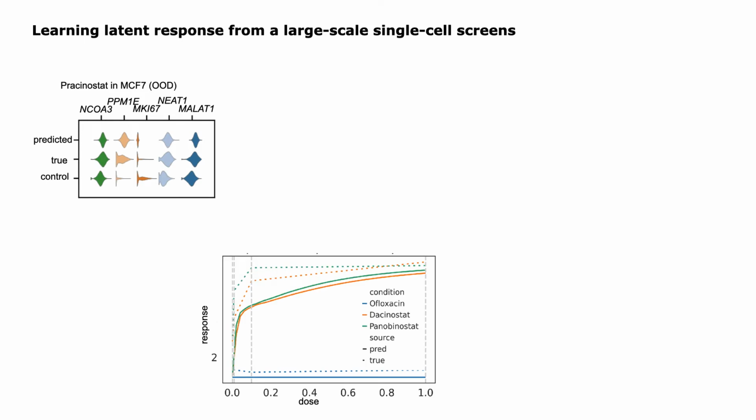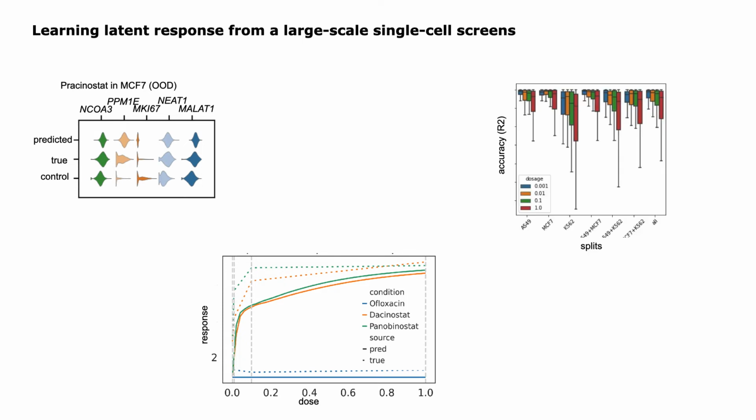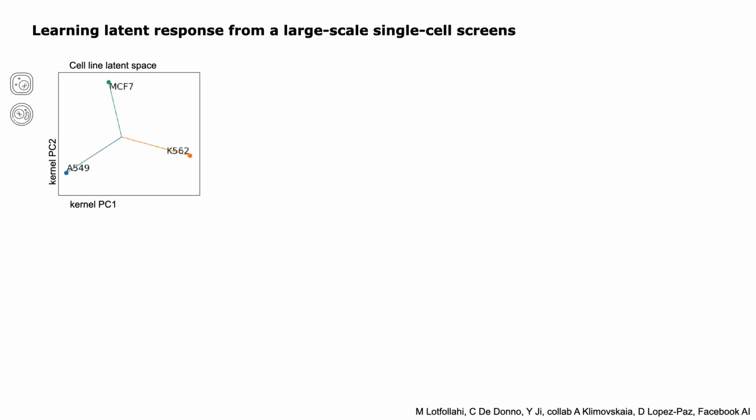Similarly, the model can pick up cell type specific effects, where you can see it figured out that these 2 drugs should be effective on this cell line, and the blue drug here should not be effective. So it picked out non-responder cells. Finally, we provided a more comprehensive benchmark where we showed that as you leave out more drugs and more cell lines, the predictive power obviously gets worse, but overall it has robust performance.